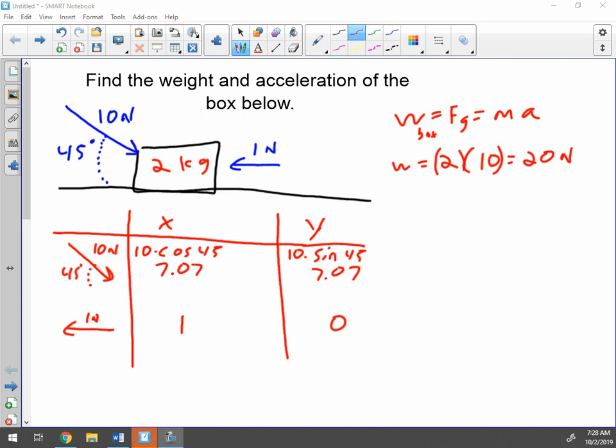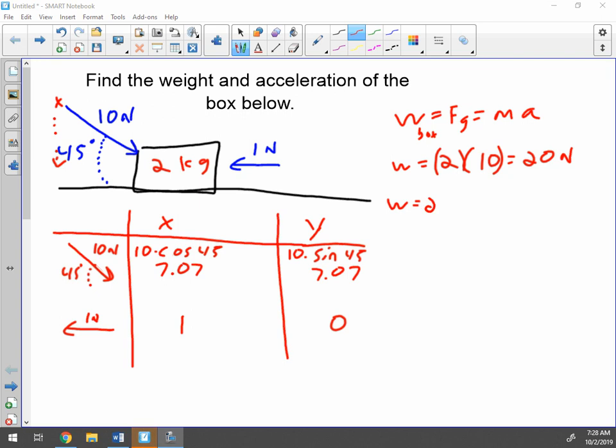However, we also have this blue applied force over here that is pushing down on the box, and that is adding to the weight because gravity is pushing down and this applied force is pushing down. And the only part that's pushing down on it is this y component. So we're going to define the weight of the box with the push.